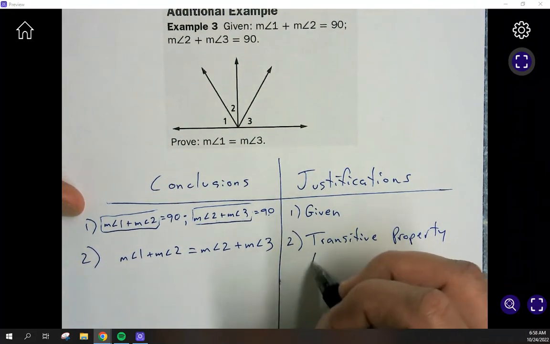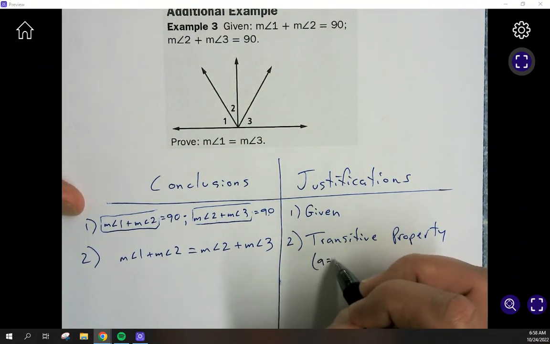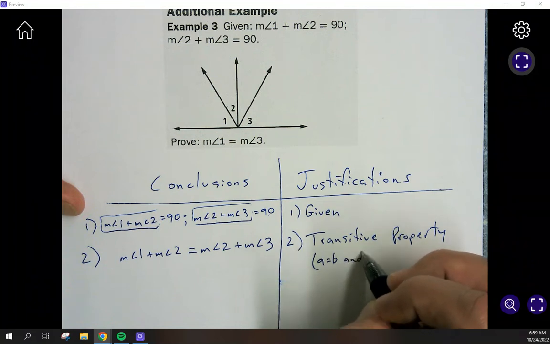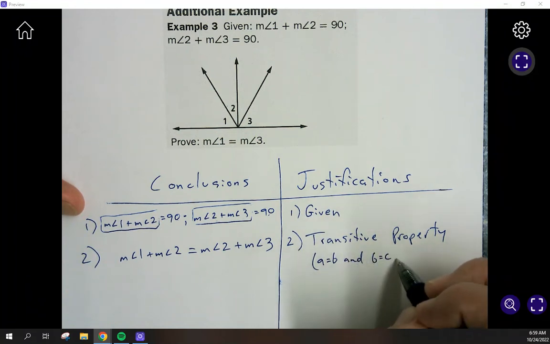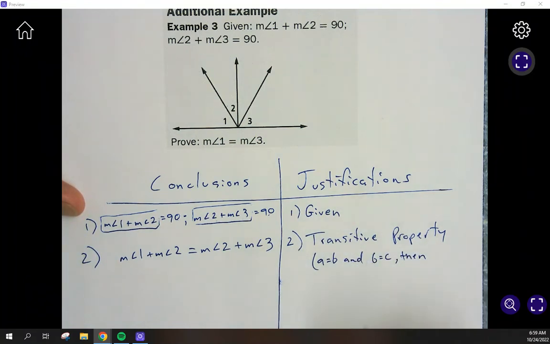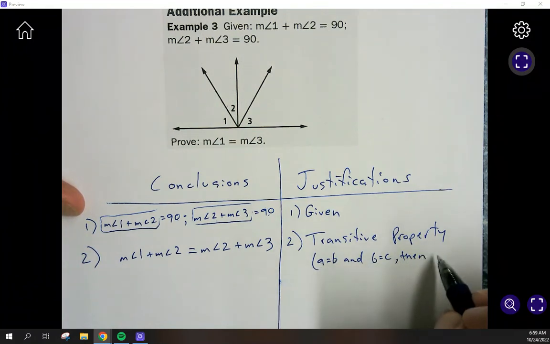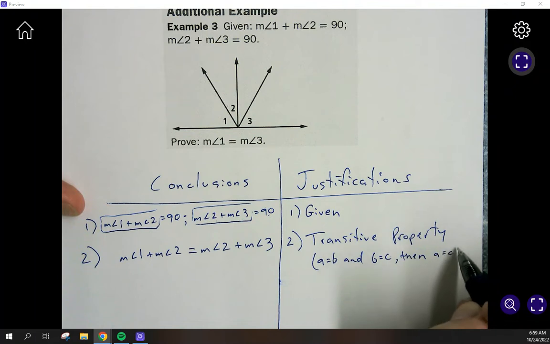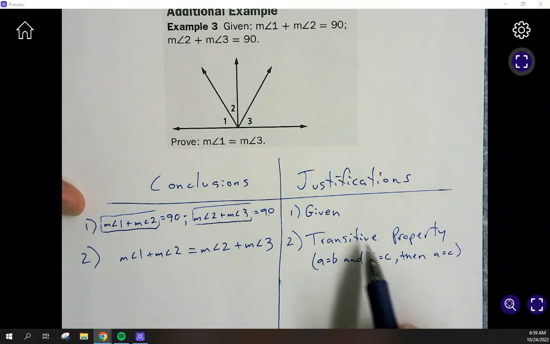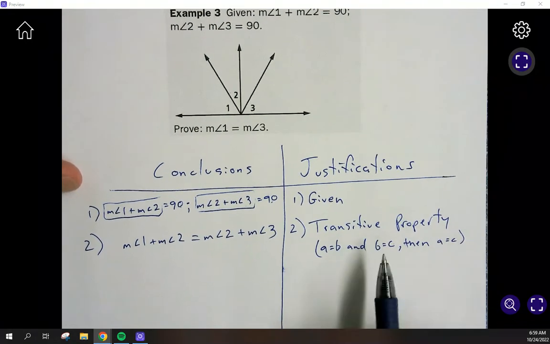Which, if you remember, says if A equals B and B equals C, then, so two things equaling the same, A equals B, C equals B, then we know that A equals C. Now again, you don't have to write that out. You can just say transitive property, but I'm reminding you of it.